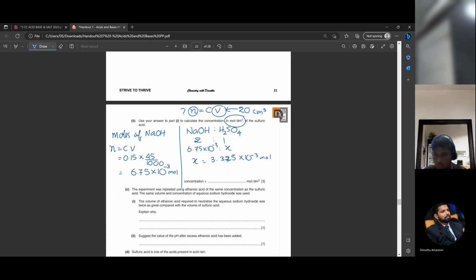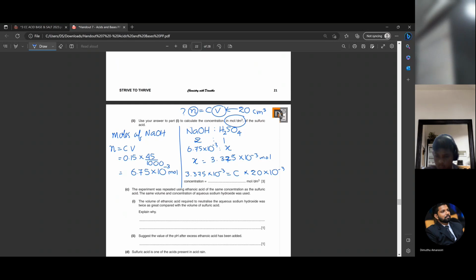This is the moles of sulfuric acid. To find the concentration, we apply n equals CV. n is 3.375 into 10 to the power minus 3. Concentration we don't know. Volume is 20 into 10 to the power minus 3.